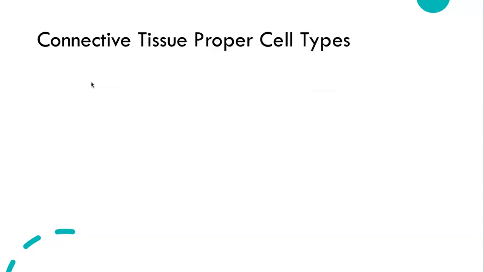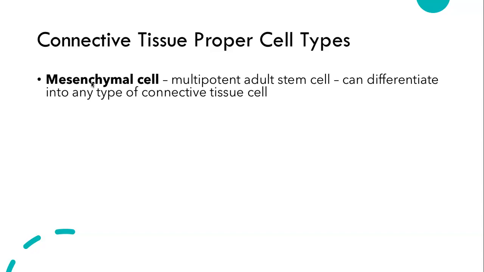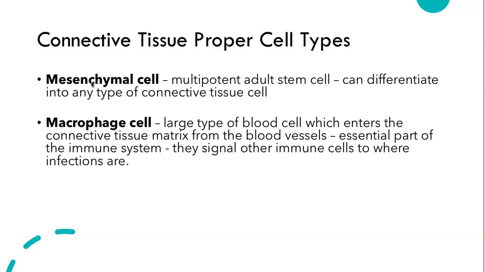Let's talk about cell types in connective tissue proper. The first is the mesenchymal cell, which I just told you is that multipotent adult stem cell. It's a cell that can differentiate into any type of connective tissue cell. It restores and repairs when there is connective tissue damage or even death. We also have a macrophage cell, which is a large type of blood cell which can enter the connective tissue matrix from the blood vessels.